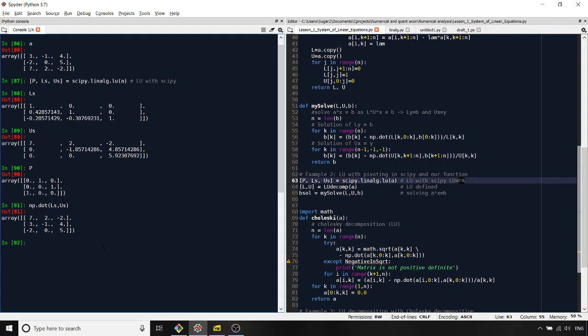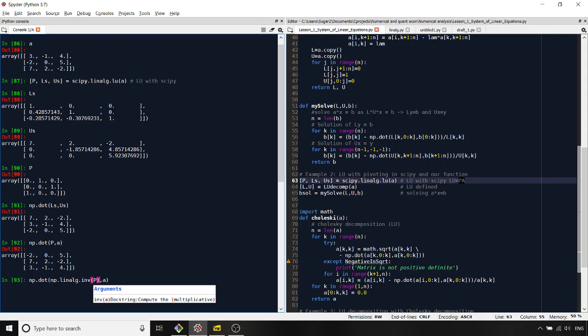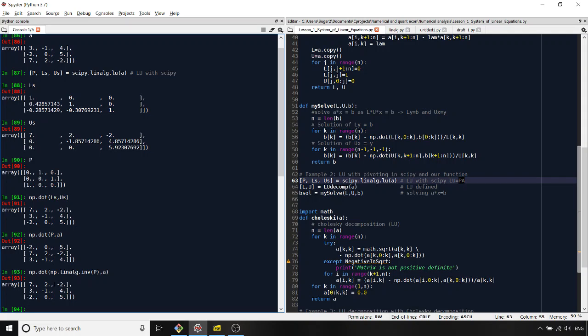So let's see, P dot our matrix A. So here we have, this is not really what we have from multiplication of these. Interesting. How come? Oh no, it was not. Oh yeah, so what we get is this.